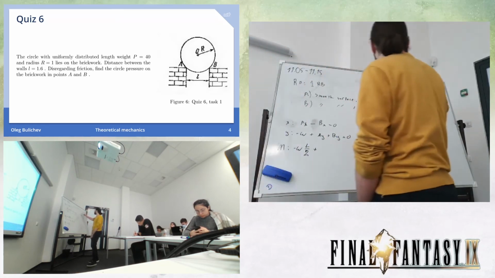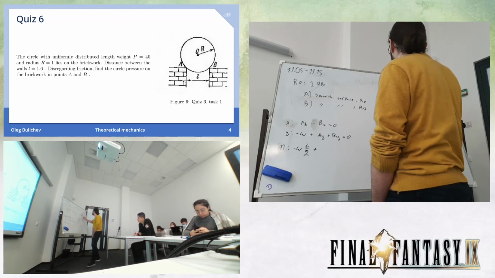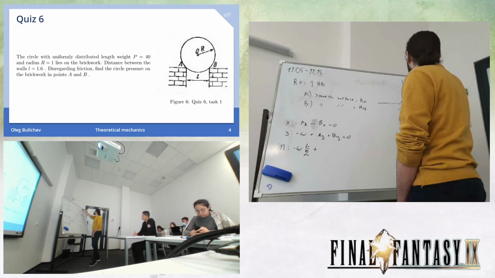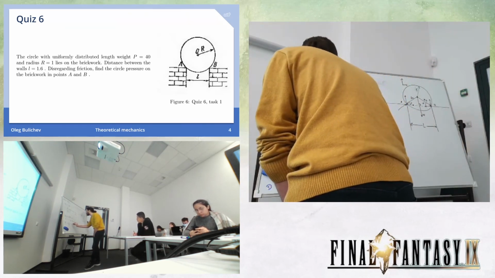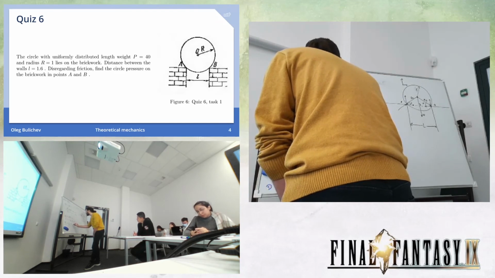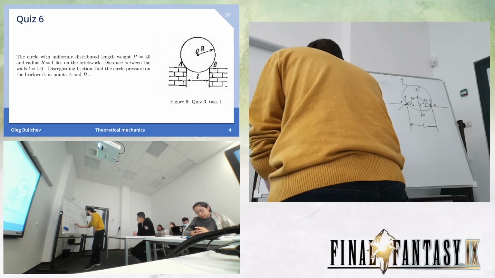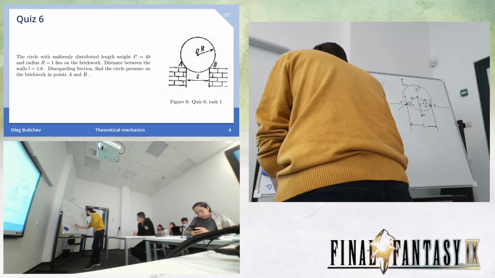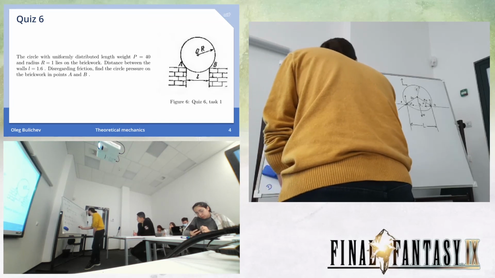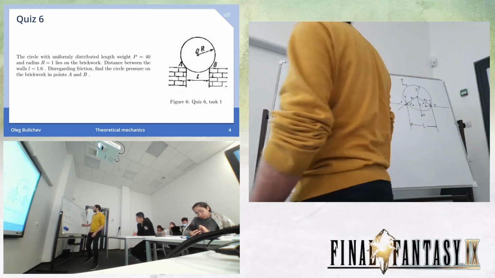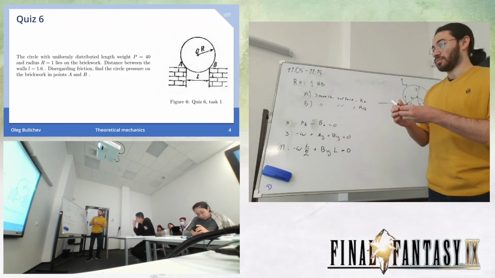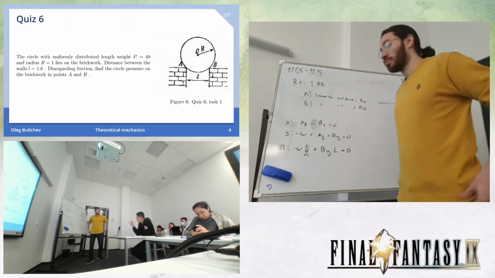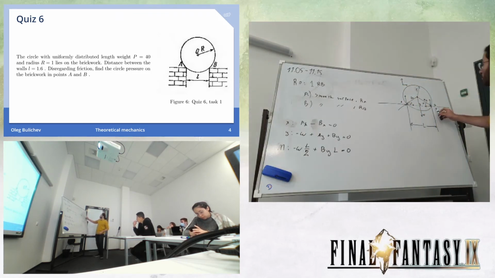So I will take my coordinates here. These are my 330, is it correct? What is Py? It is this force.